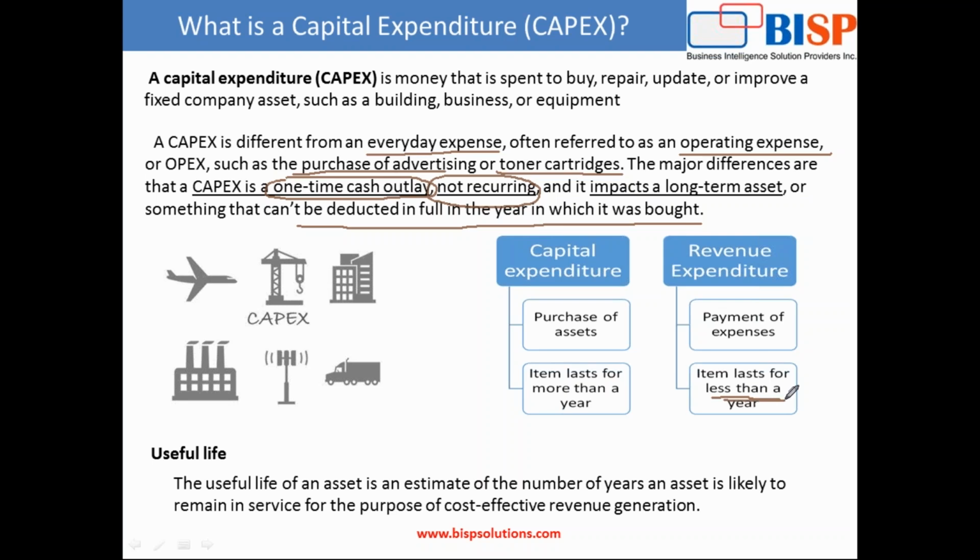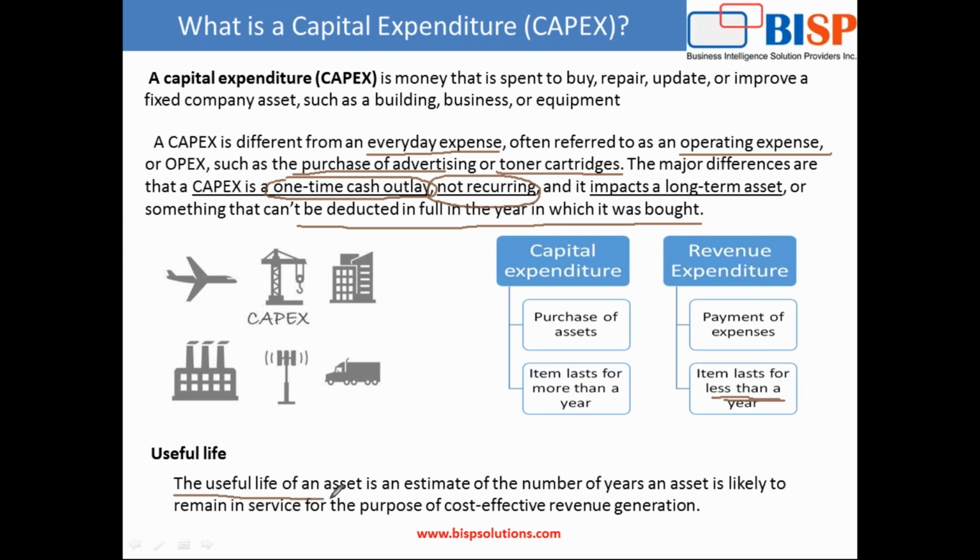Important: when you talk about capital expense, you also talk about depreciation. We talk about the useful life of a capital asset. It does not mean that after the useful life a capital asset goes to garbage, but there's a certain process opted.